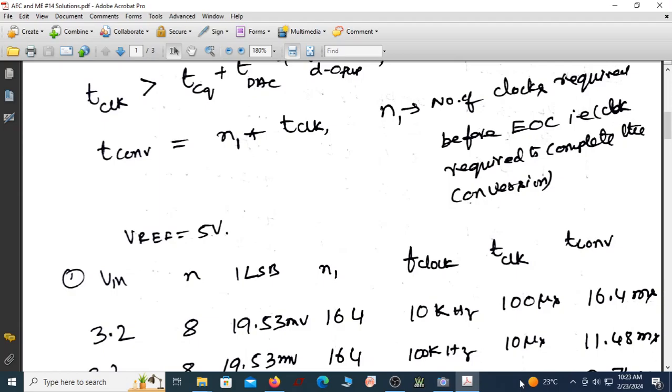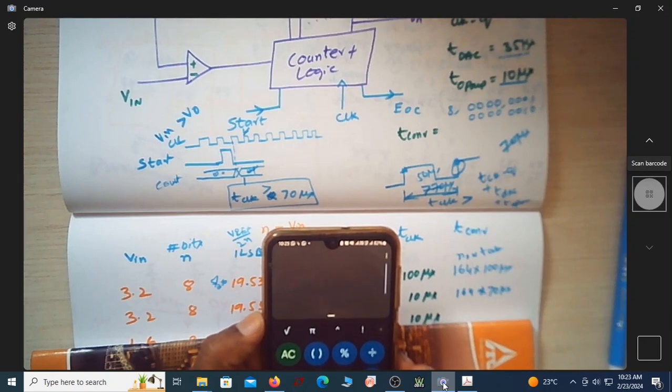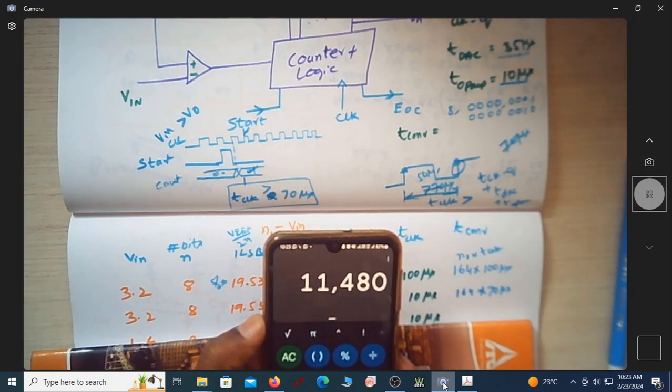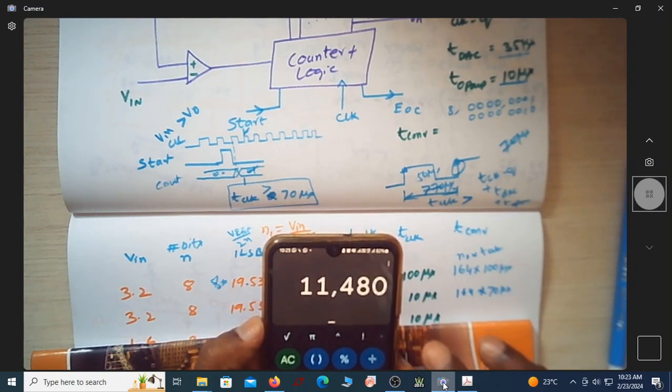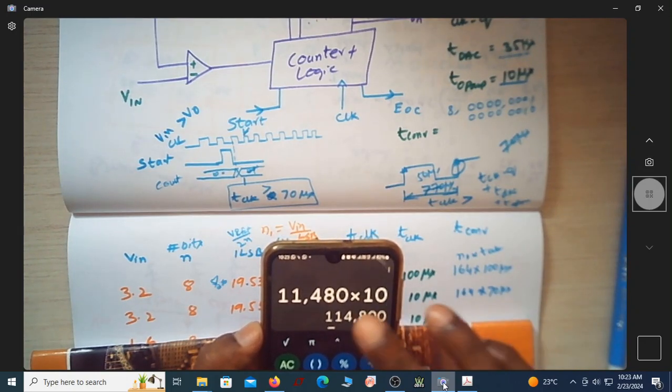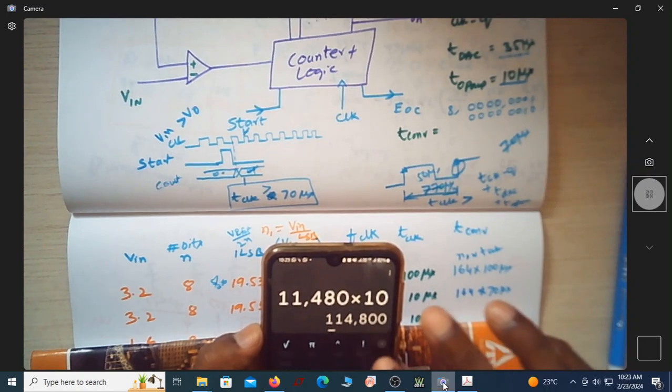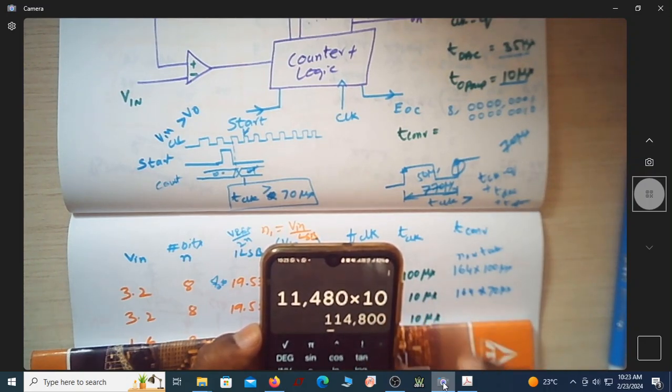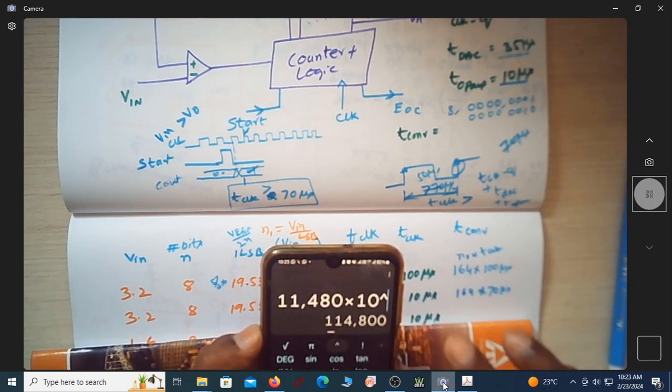So how much is this? It is 164 multiplied by 70 micro, which is this into 10 to the power of minus 6.